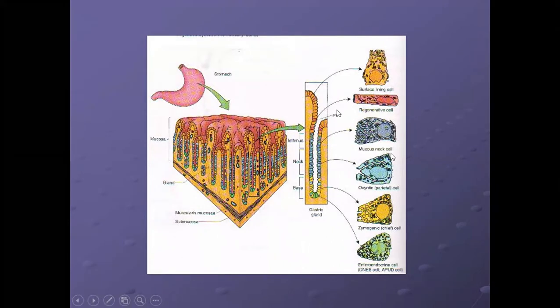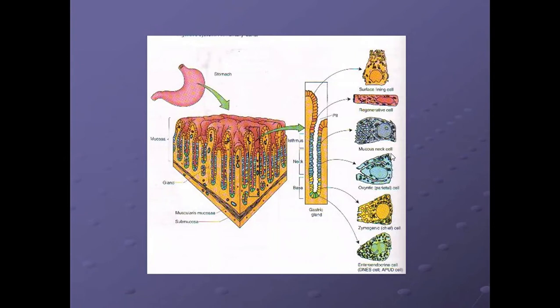And next you will have your regenerative cell. In the word regenerative, it would mean that if parts of this are harmed, then the regeneration starts from this area.